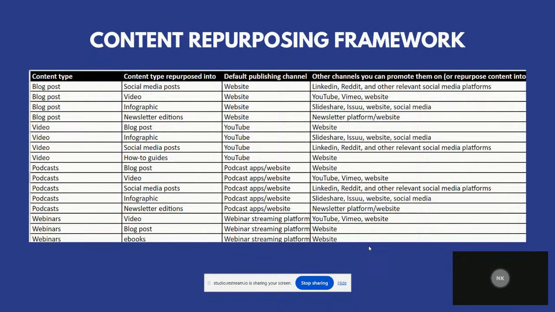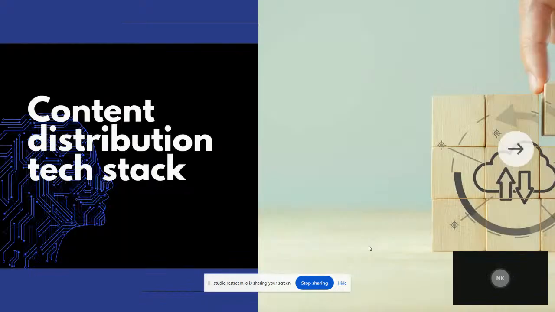Fix that, then create a routine to repurpose these long form content items into smaller items like social media posts, short videos, or something like, for example, newsletter editions, whatever it is. Right, the options are plenty, the permutations and combinations are plenty. It's all about you creating that system to do it regularly.